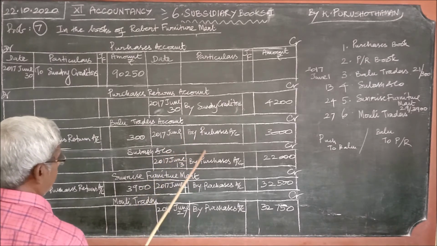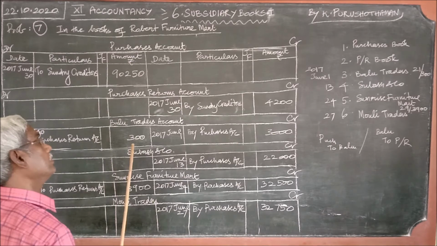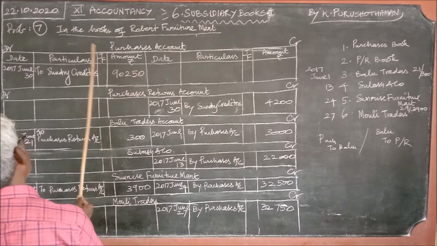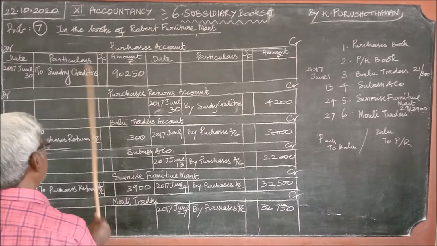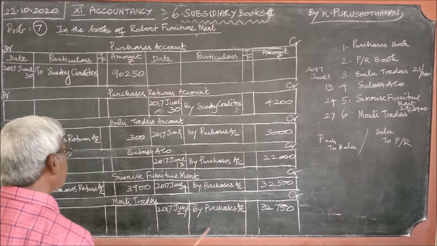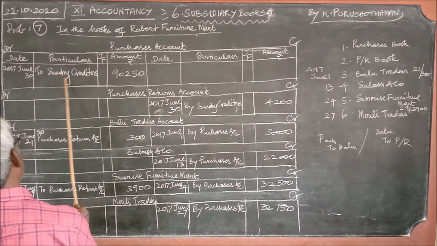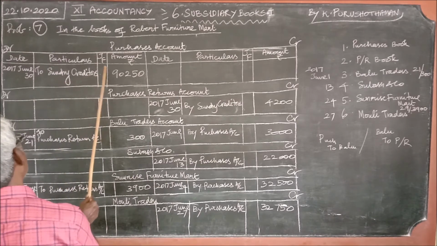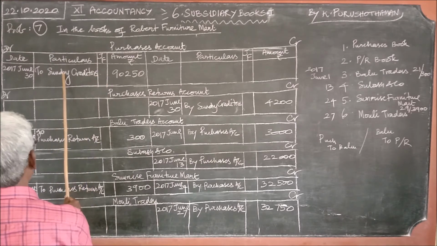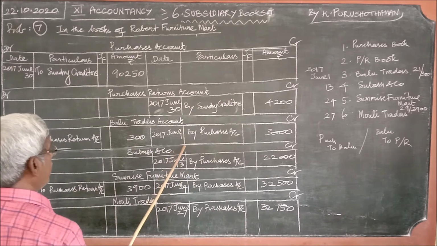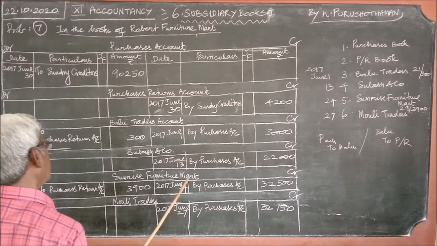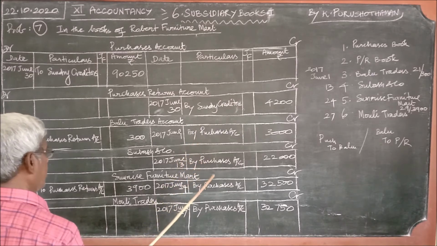For sundry creditors, the traders are opposite. In each trader's ledger account, we should write purchases.